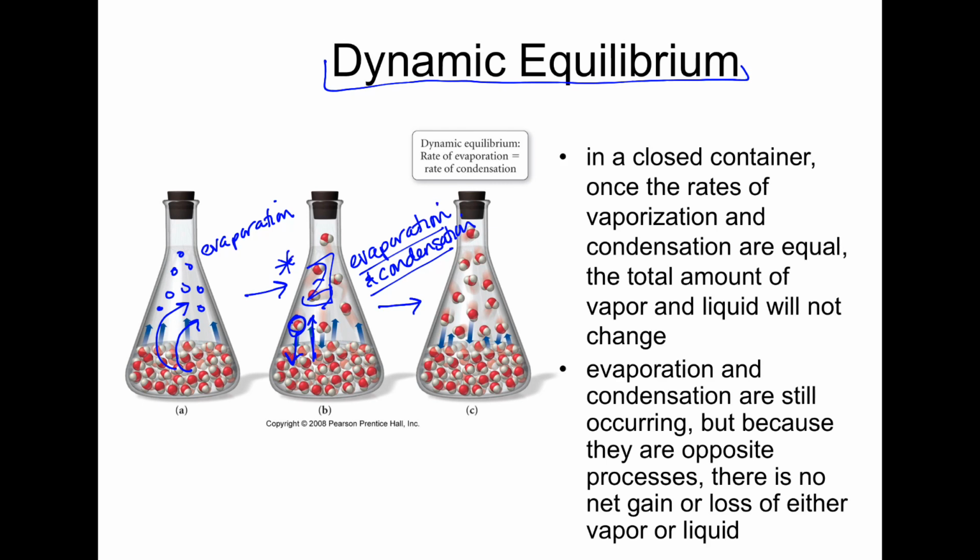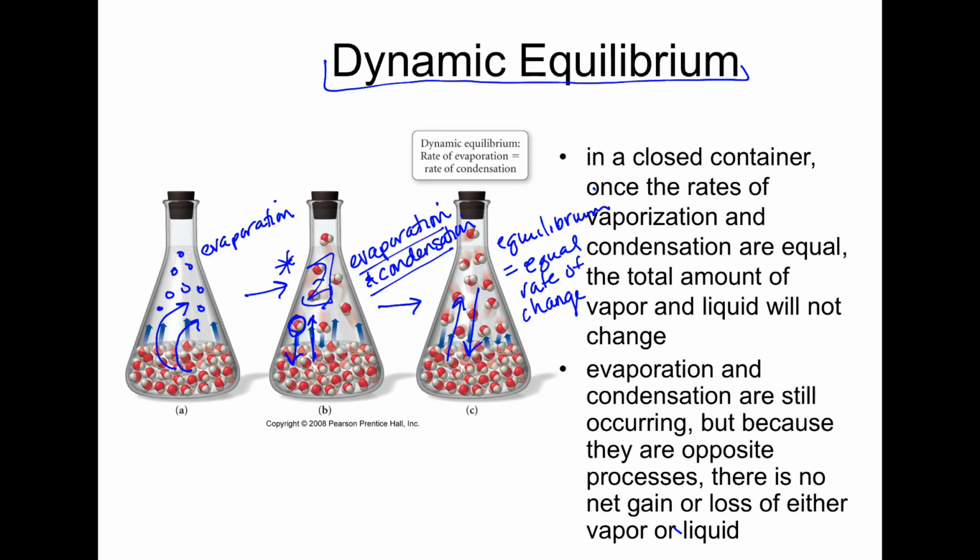So for every one that comes up, one has to come down. And that's the equilibrium part. Equilibrium means equal rate of change. What equilibrium doesn't mean is that there are the same number of gas particles as there are liquid particles.